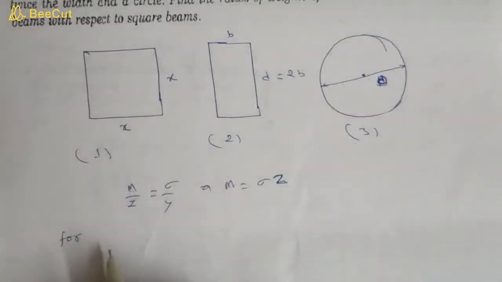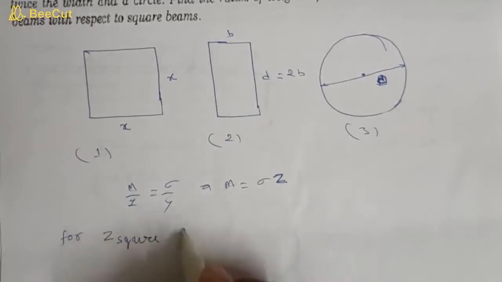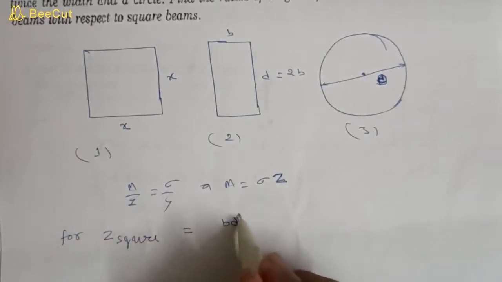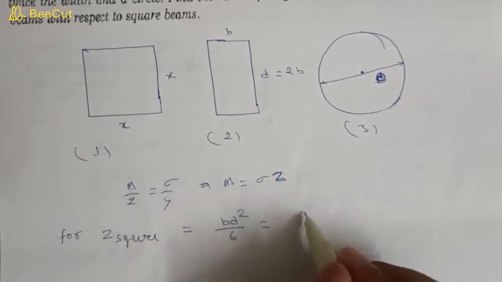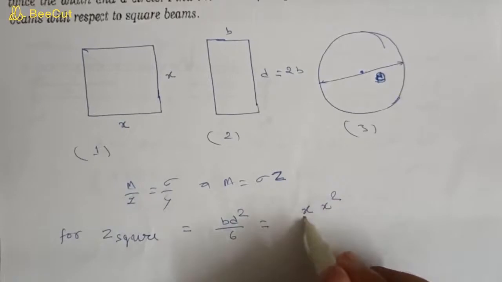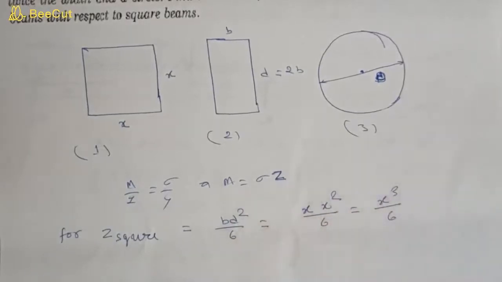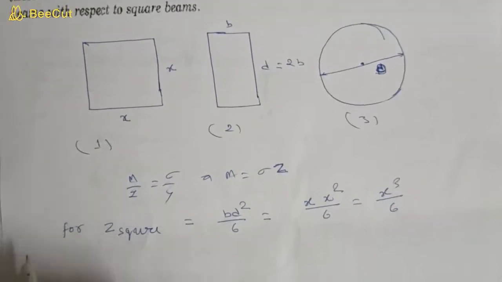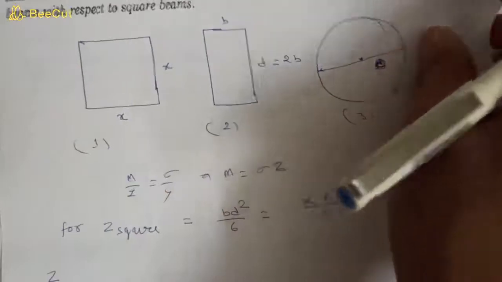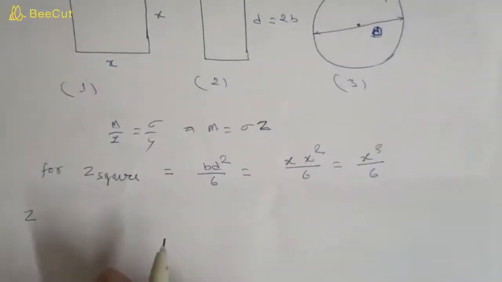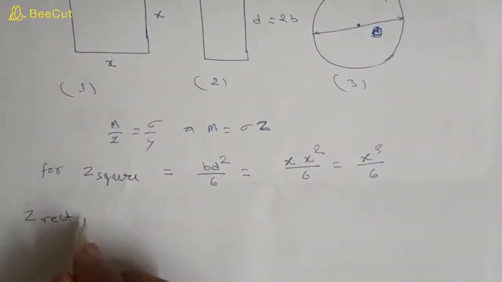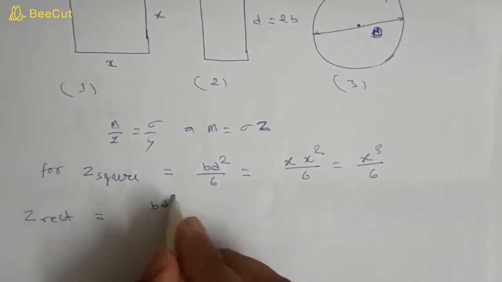For a square section, section modulus Z will be bd square by 6. So b is x, d is also x, divided by 6, so it will be x cube by 6. Okay, now Z for rectangular section will be bd square by 6.